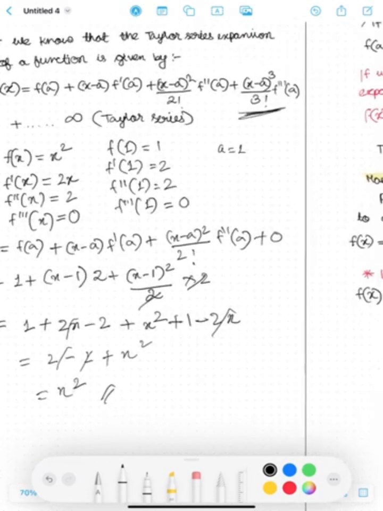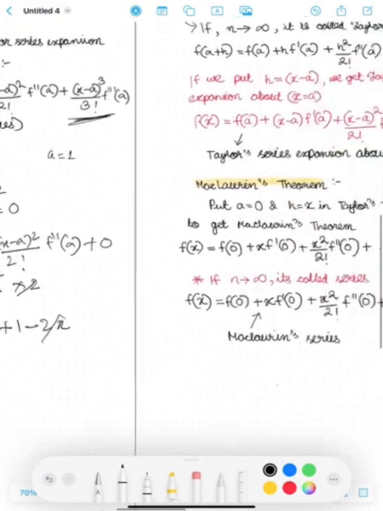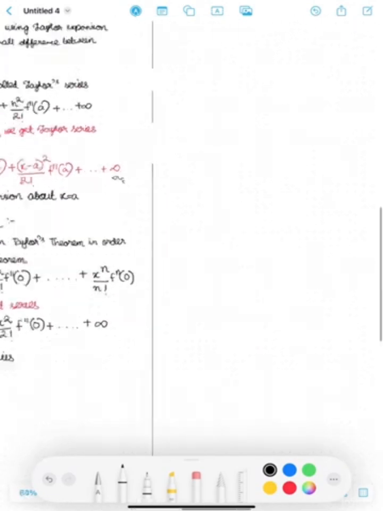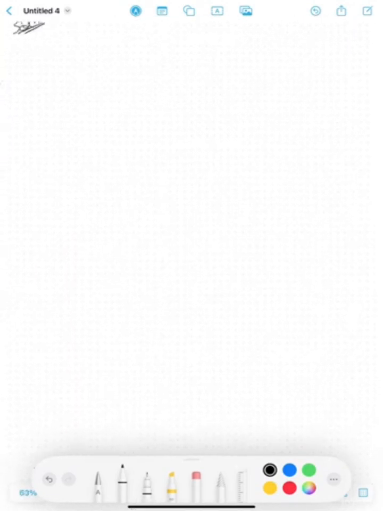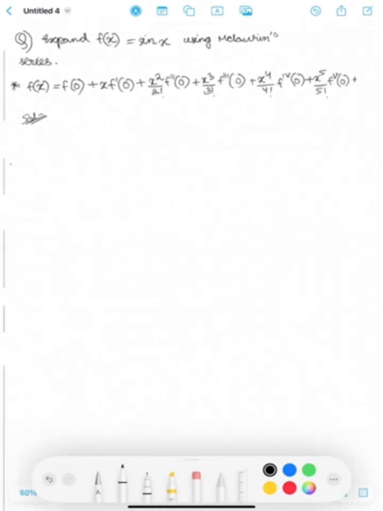So let us now move towards the other question that is related to the Maclaurin series. We have been given to expand a simple function, that is sin x, using the Maclaurin series. So let us try this question.